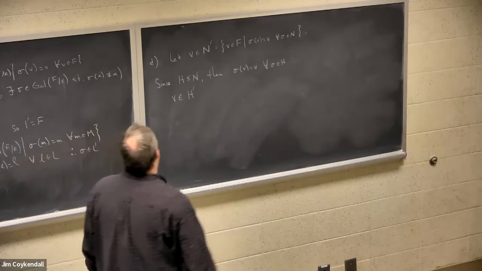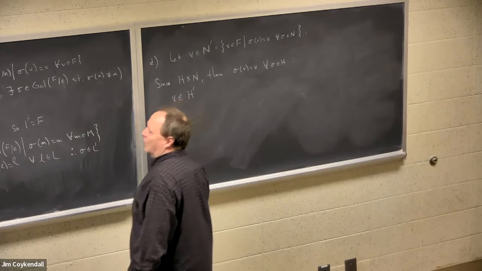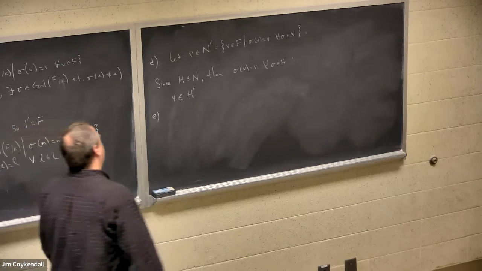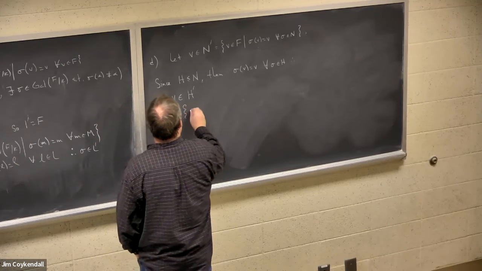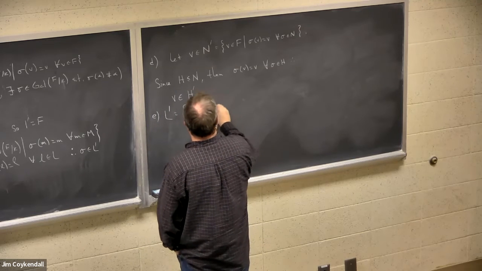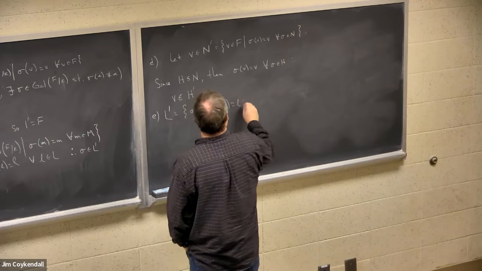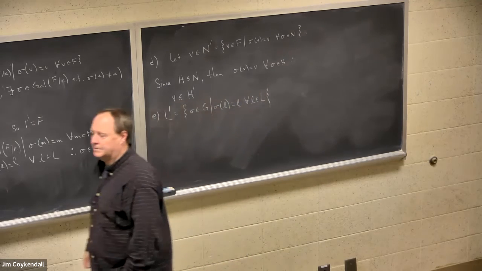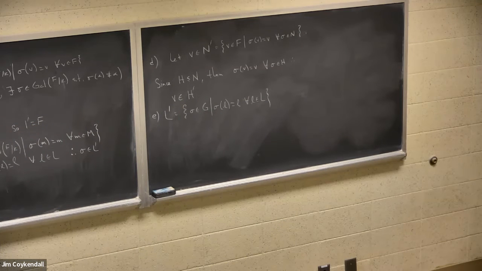So let's do E. We want to show that L is contained in L double prime, right? Well, to this end, note that L prime is the set of sigma in G such that sigma L equals L for all L in L. So now let me record L double prime.